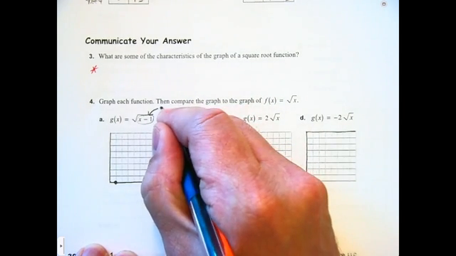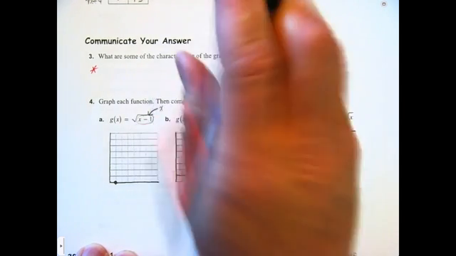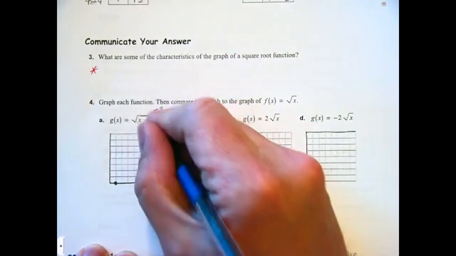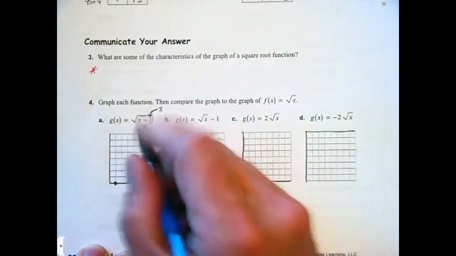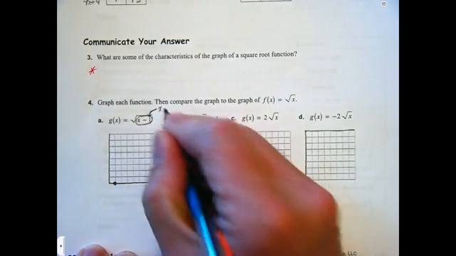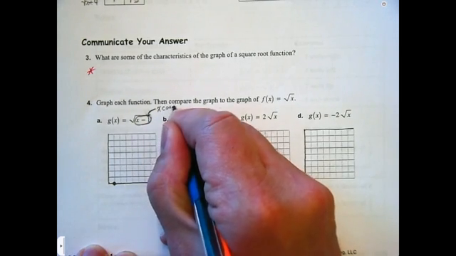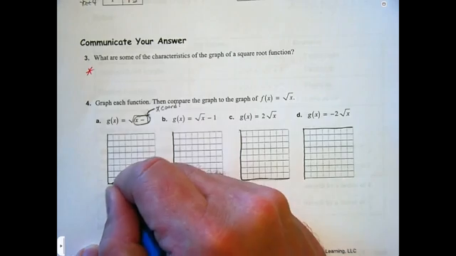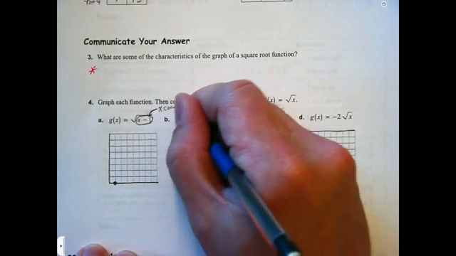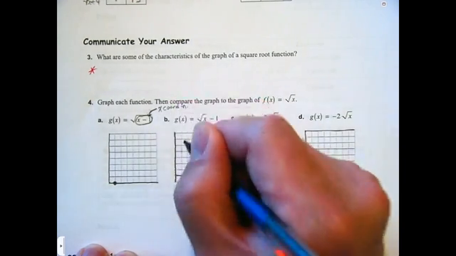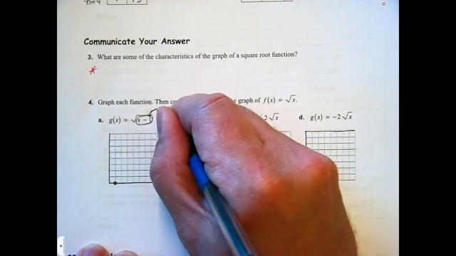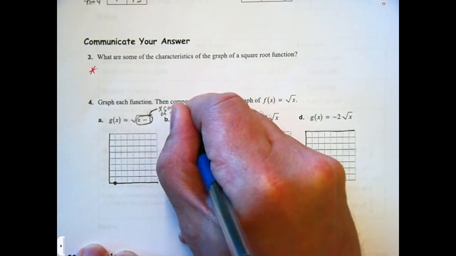So this is the x coordinate, if we just look at the 1, not the negative 1. Or if you think of it as whatever will make that 0, that's the x coordinate of what you call your vertex or starting point.